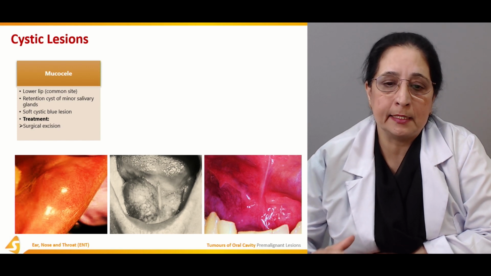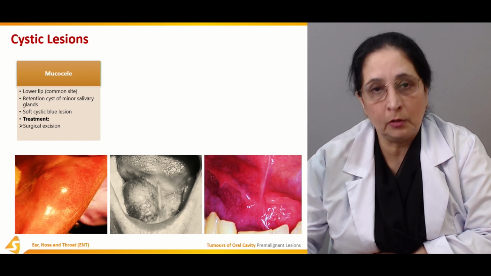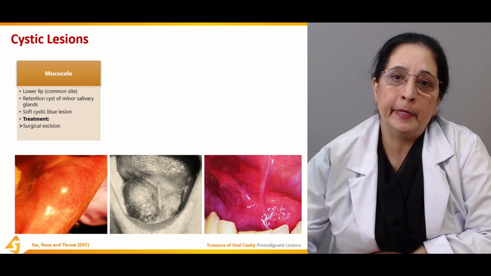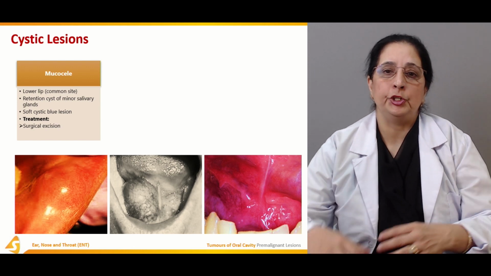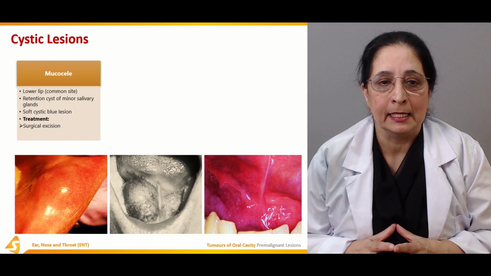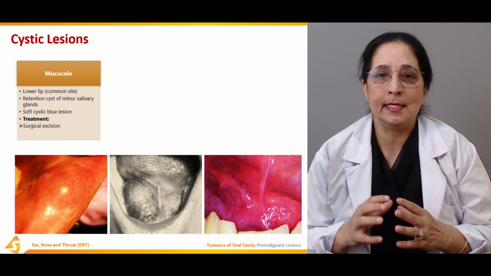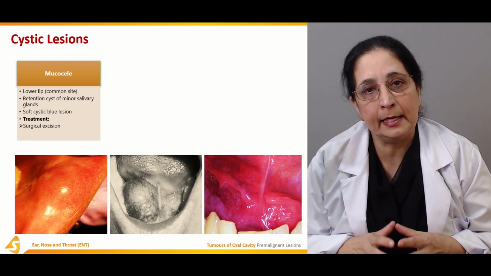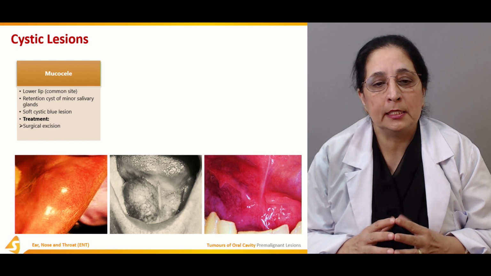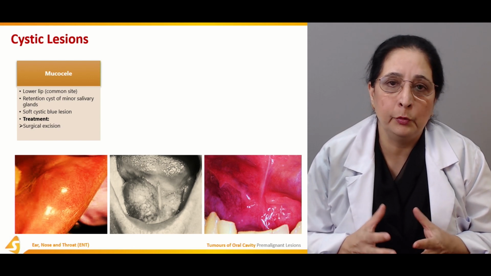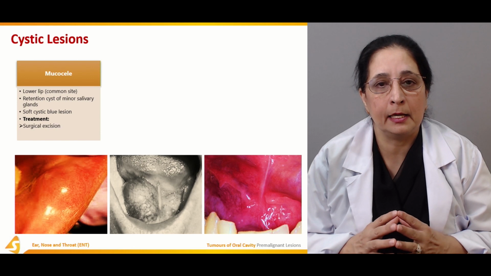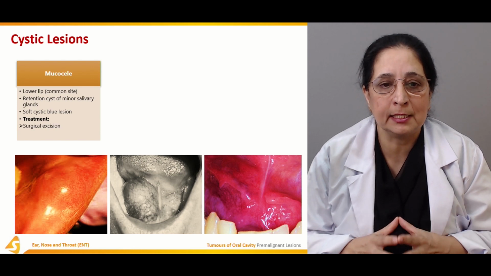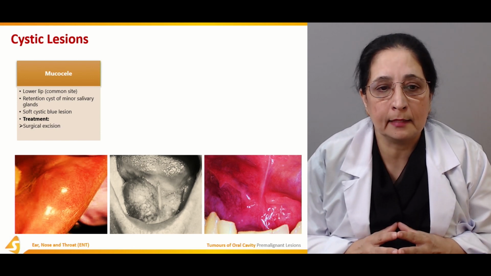It's a soft cystic bluish lesion. Treatment is the surgical excision of the mucocele. So mucocele is a cystic type of premalignant lesion, which is a soft bluish lesion, and it is a retention cyst of minor salivary gland.